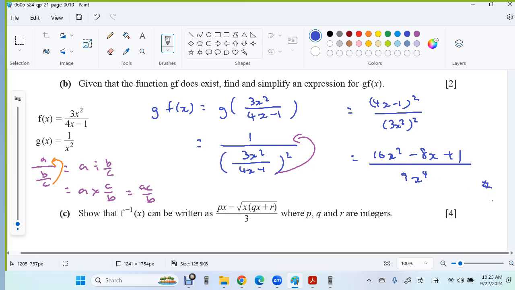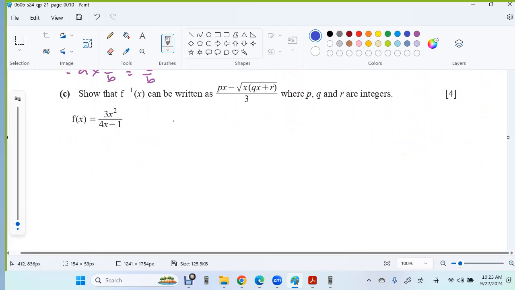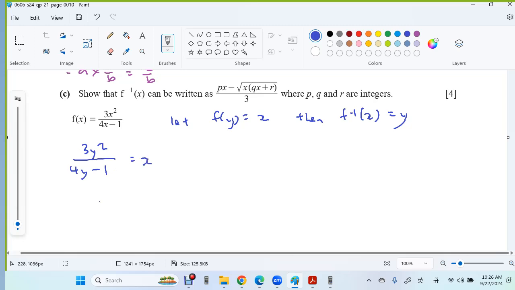Next, show that the f inverse of x can be written in this form. So this is f(x). Let f(y) equal to x, then f inverse of x equals y. So we have 3y squared over 4y minus 1 equal to x.